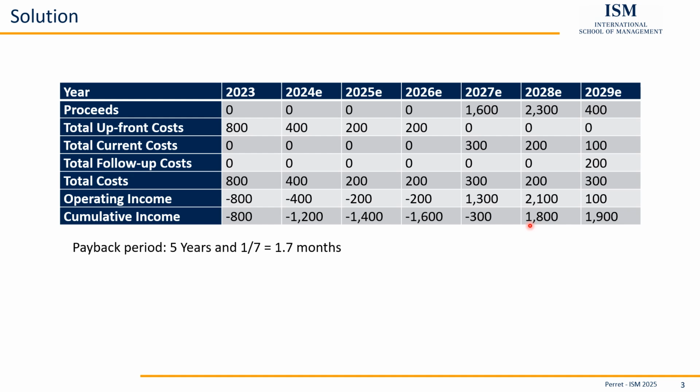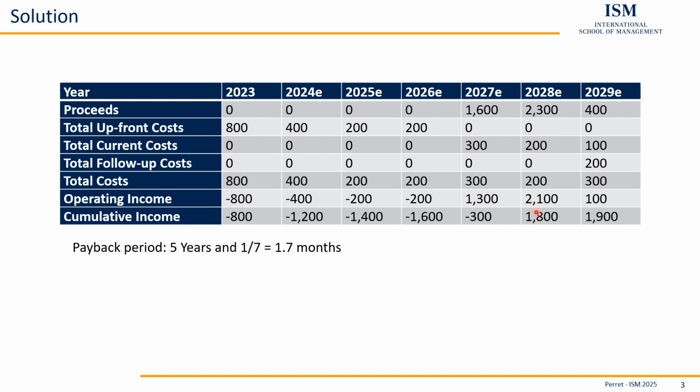Question is how much? For this, I'm simply going to take the 300 and the 1,800 together, or I could also take the operating income from 2028. And then I go with 300 divided by 2,100.